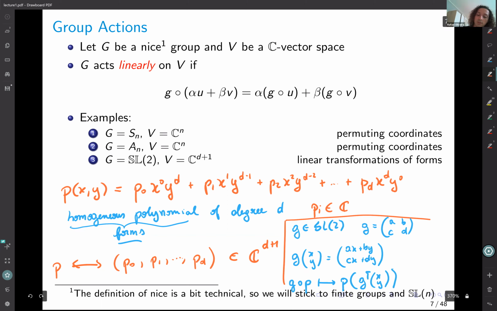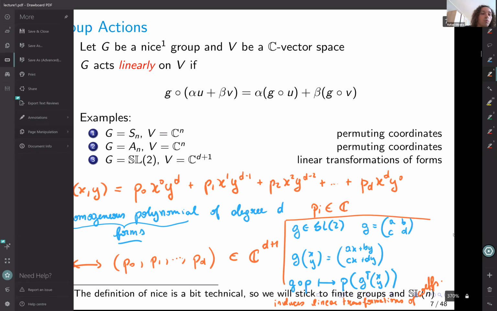So if we take the transformation of the variables x, y, and in that transformation we have a transformation of the polynomials, we can see that this is a linear transformation.